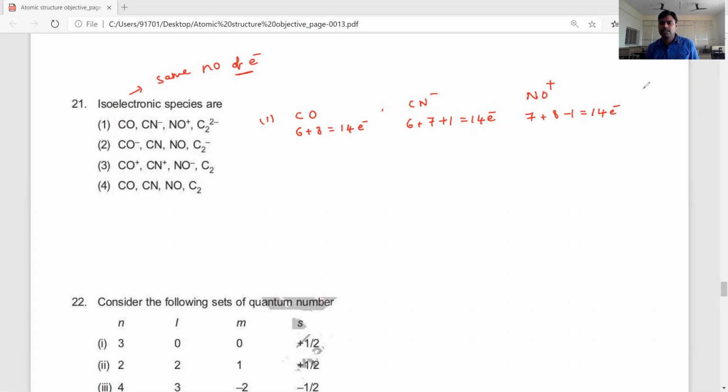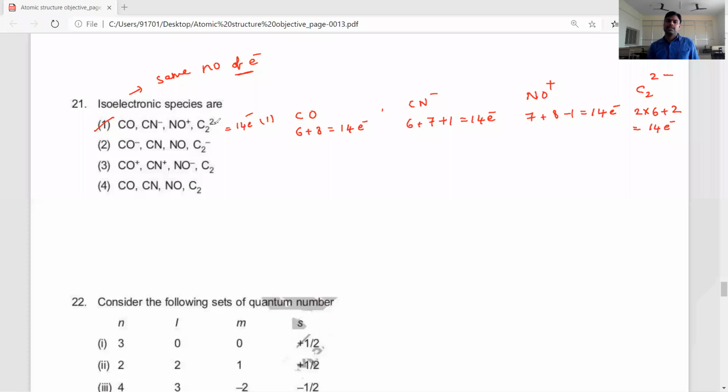One more is C2 2 minus. 2 carbon atoms are present: 2 into 6 plus 2 means 12 plus 2, 14 electrons. CO, CN minus, NO plus, C2 2 minus all contain the same number of electrons, that is 14 electrons.